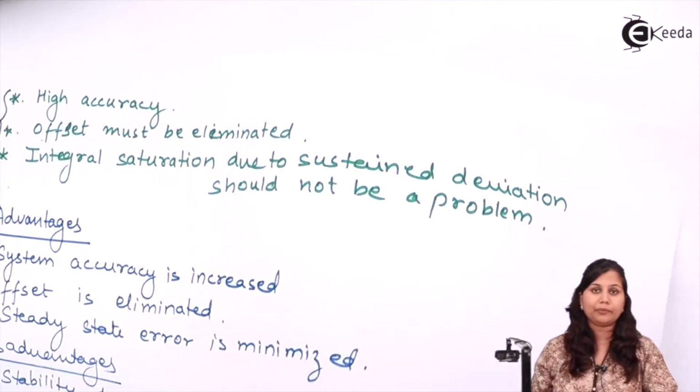Now the last type of controller is the combination of all the three controllers: proportional controller, derivative controller and integral controller. So it is known as proportional integral derivative controller, that is PID controller. This is a very important controller and most of the time it is used in the control systems.